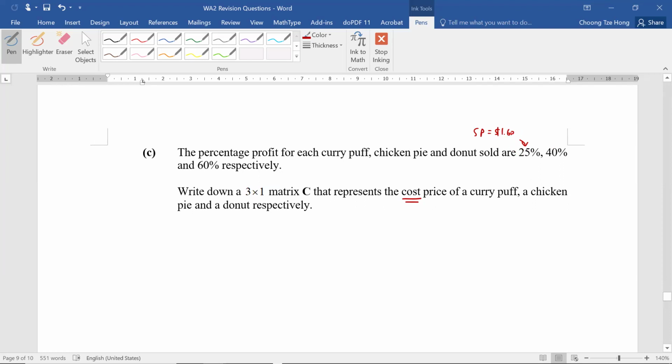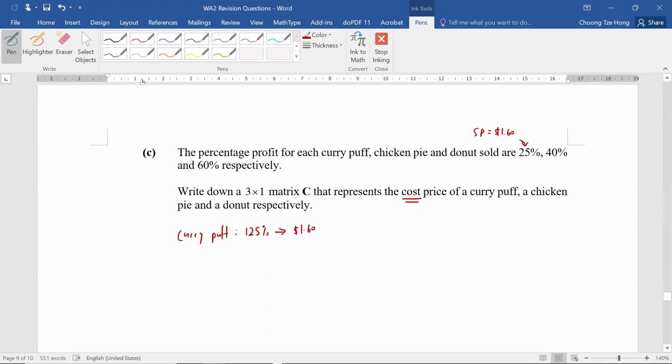So now, in order to calculate the cost price, we need to calculate 100%. For the curry puff, let's do the working over here. To make it clearer, 125% for the curry puff is 160. Now we want to calculate 100%, which will allow us to find the cost price.